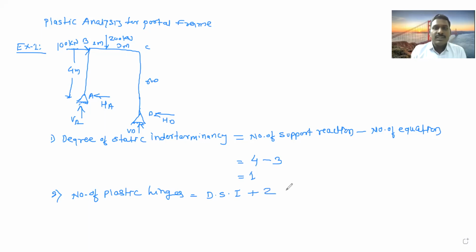So 1 plus 2 is 3. Three plastic hinges will form in this particular frame. Where these will form, we will see. Then third, we have to calculate the number of mechanisms.